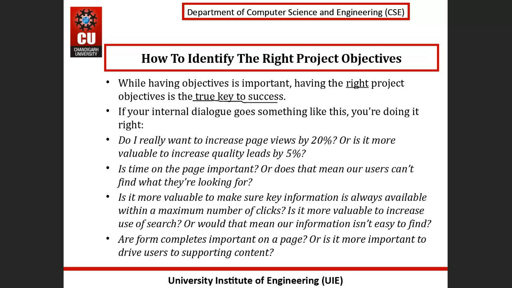Here we have a number of examples, but we'll discuss just two. Do I really want to increase page views by 20%, or is it more valuable to increase quality leads by 5%? Is time on the page important, or does that mean our users can't find what they are looking for?